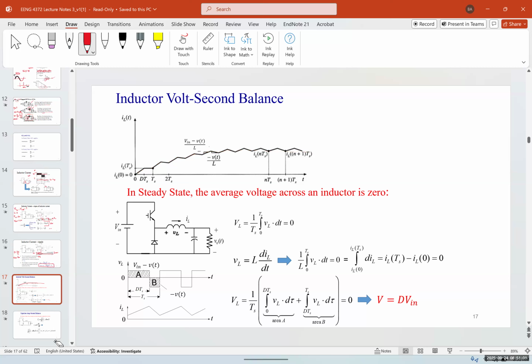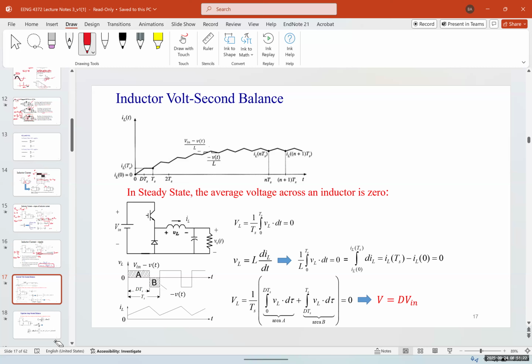So in steady state, the average voltage across an inductor is 0. Again, I think I already mentioned this in measurement instrumentation: for an inductor, which is storing current, the average voltage is always equal to 0.